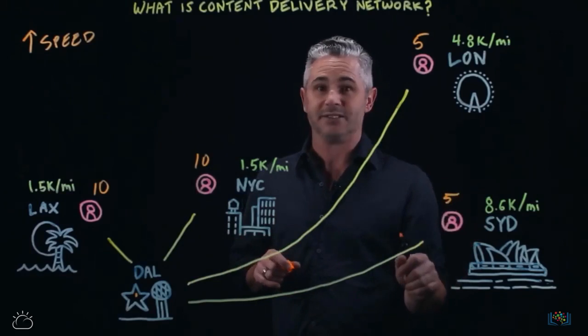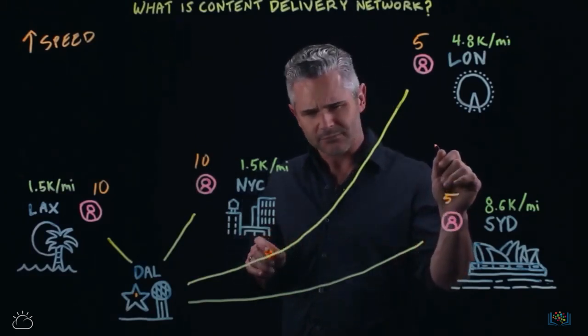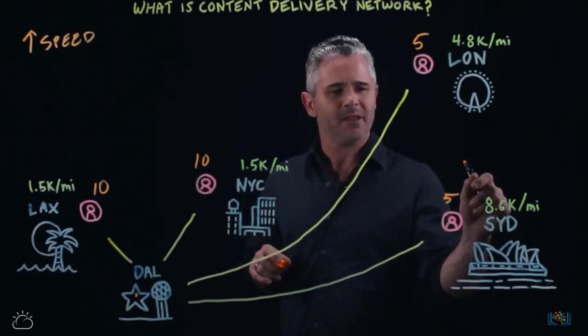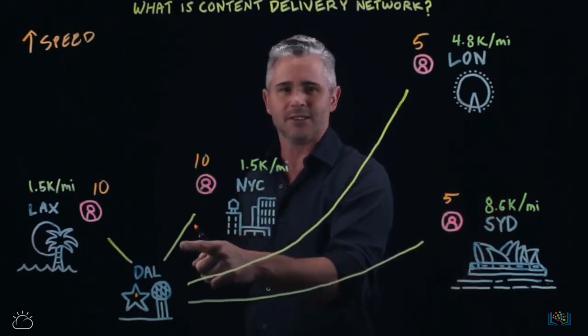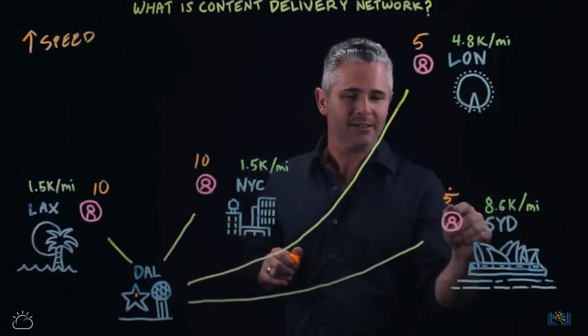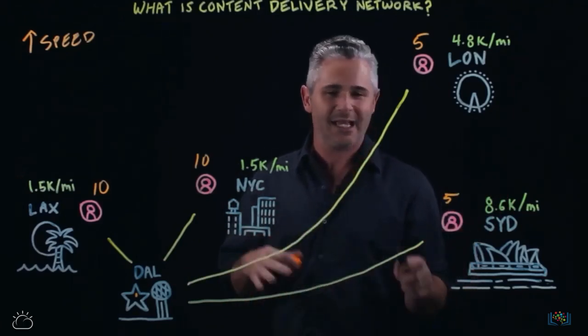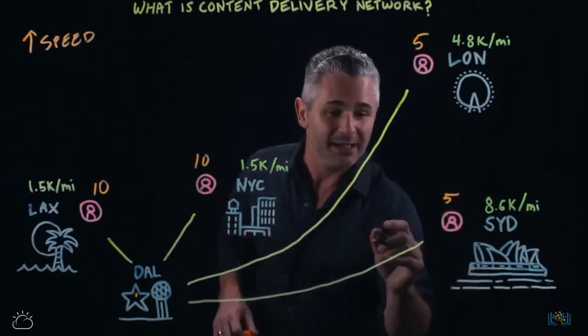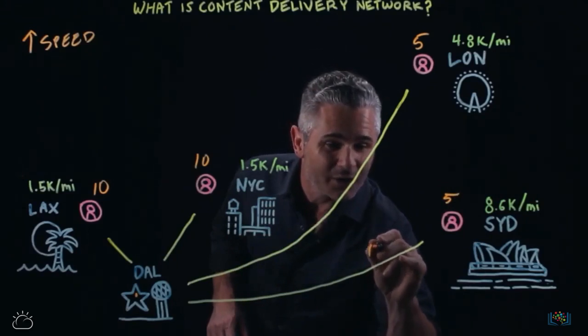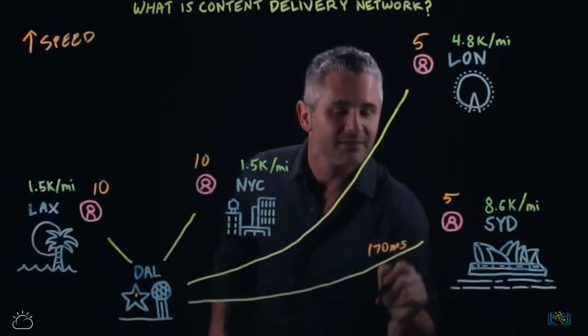Let's look at the users down in Sydney. They make a request to the website. They've got an 8,600-mile hike to Dallas and then an 8,600-mile hike back. The amount of time that takes is usually measured in milliseconds, and just that round trip might be about 170 milliseconds.